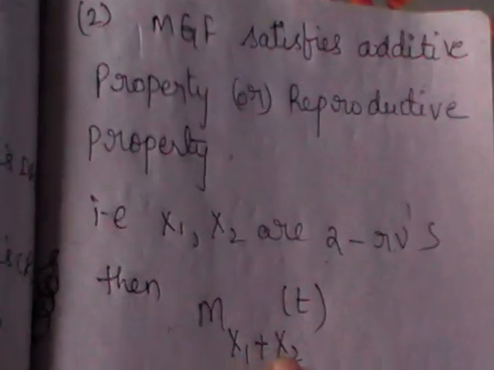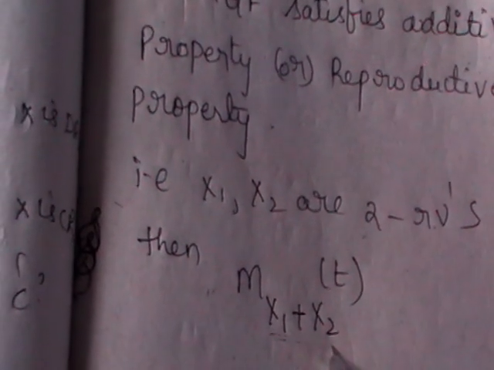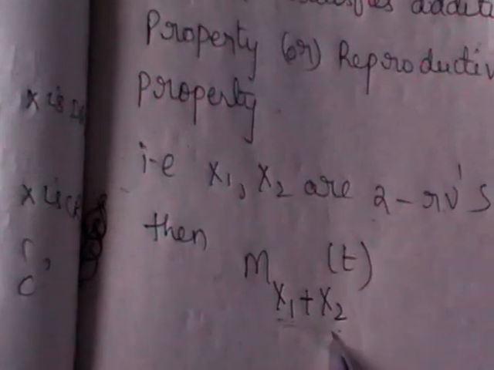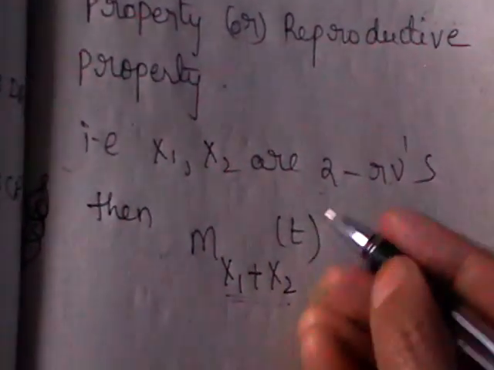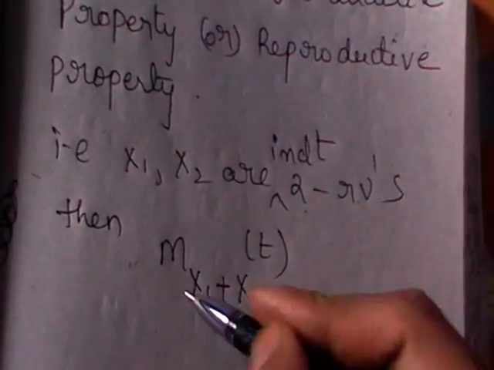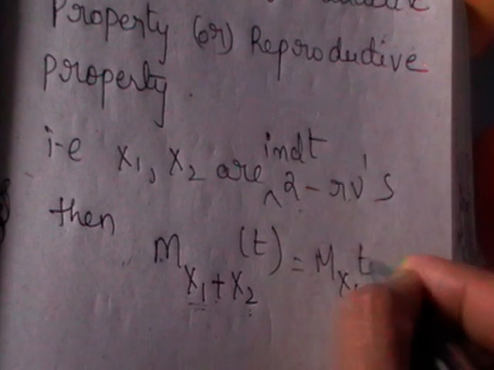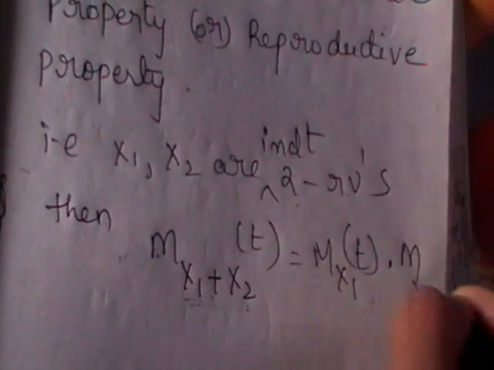If I write X1 plus X2, it indicates the moment generating function of the sum of the two random variables X1, X2. If you consider any two independent random variables X1, X2, M_(X1+X2)(t) is equal to M_X1(t) times M_X2(t).